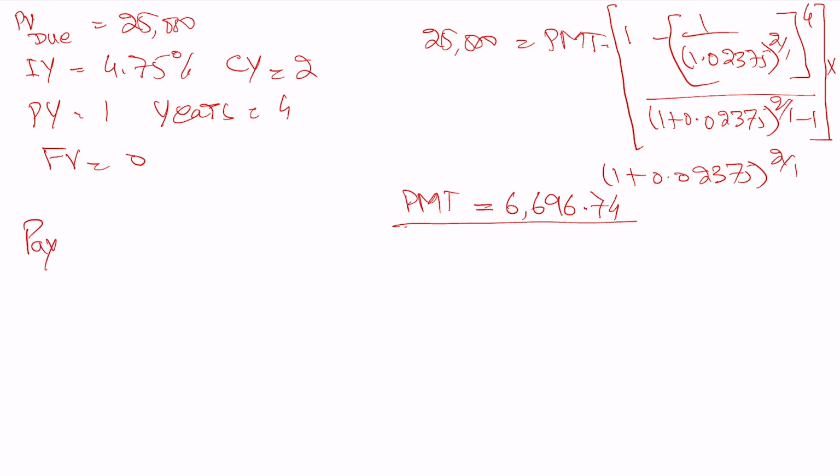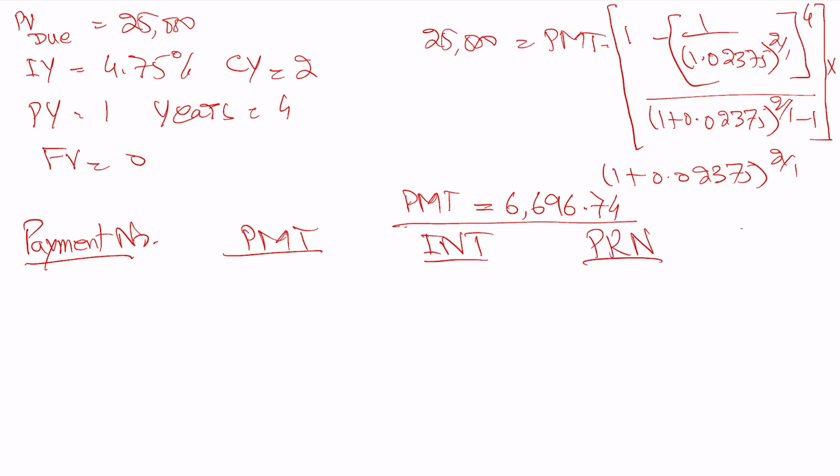Now we have to make a schedule. Payment number, PMT, interest INT, PRN, and BAL, balance. So we start with 0, 1, 2, 3, 4.